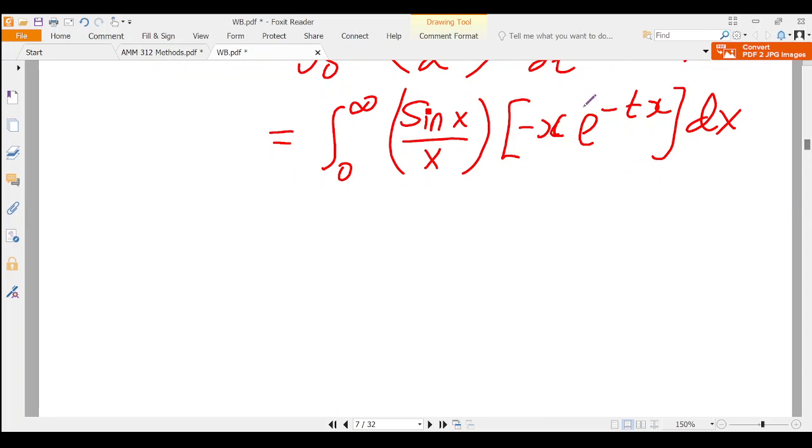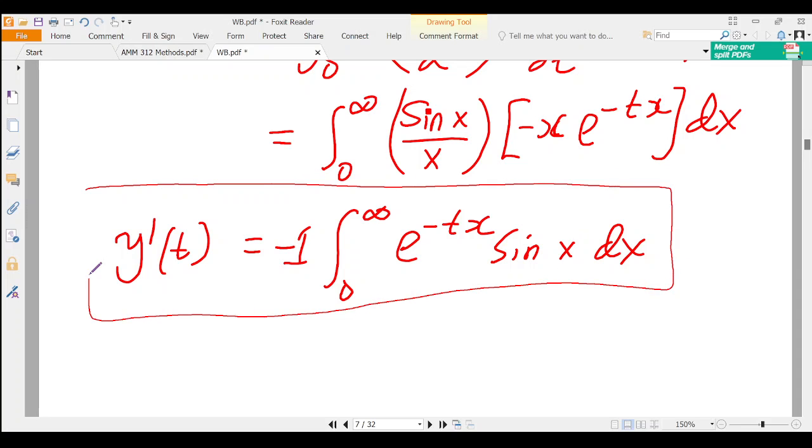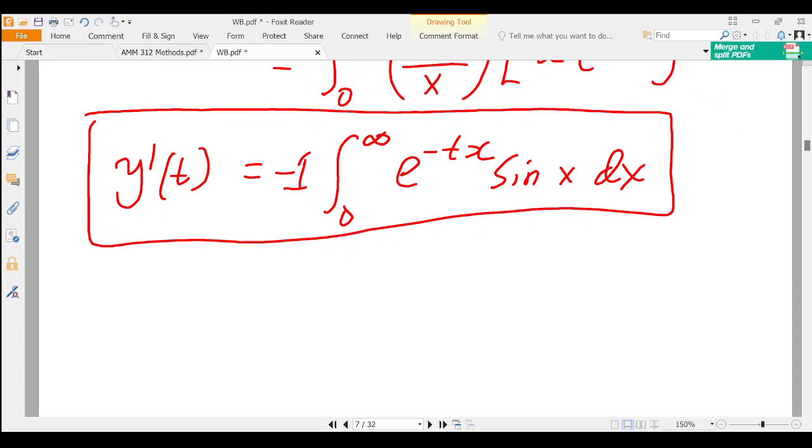So x cancels out here, and then we have a negative, so I'll write negative 1 times the integral from 0 to infinity of e raised to power negative tx sine of x dx. This is y prime of t. I'm going to consider the integration of this.